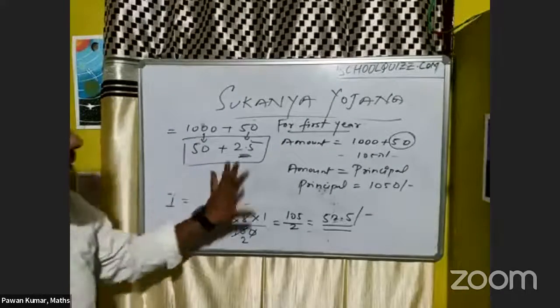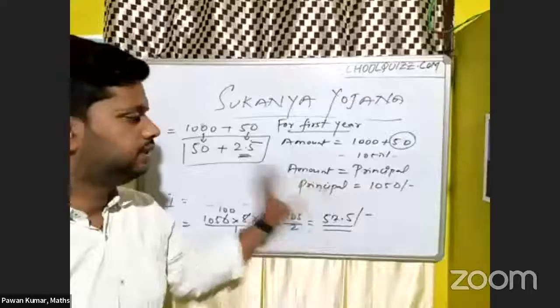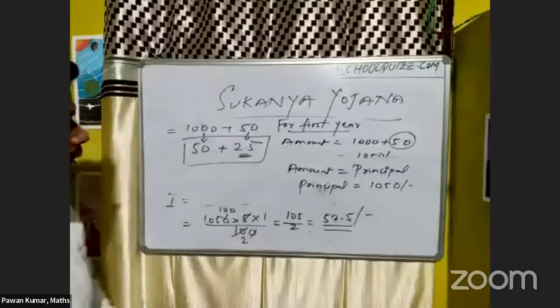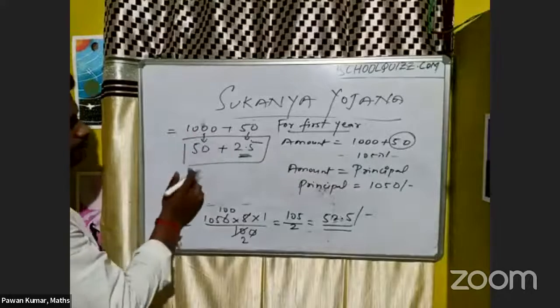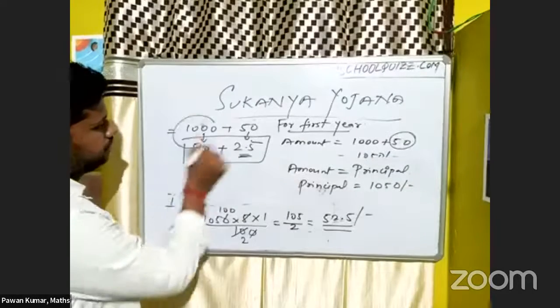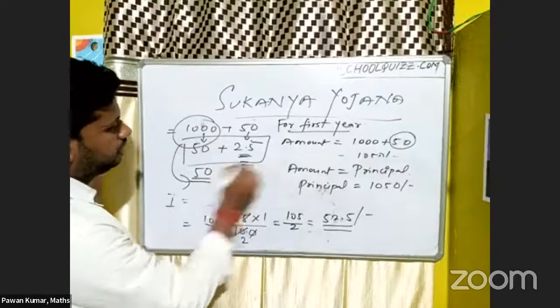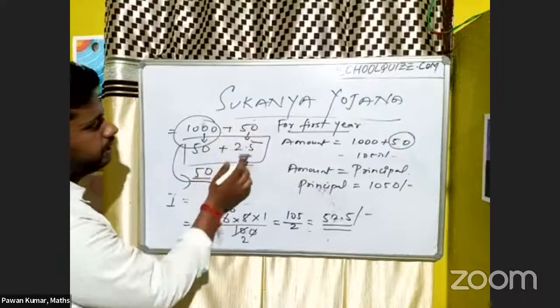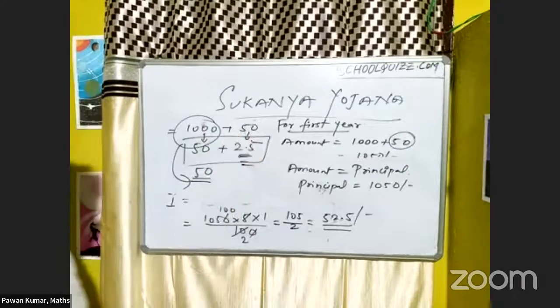So that is the difference between simple interest and compound interest. In simple interest you pay only on the principal, not on the interest. But if it is compound interest, then you have to pay interest on your amount also.